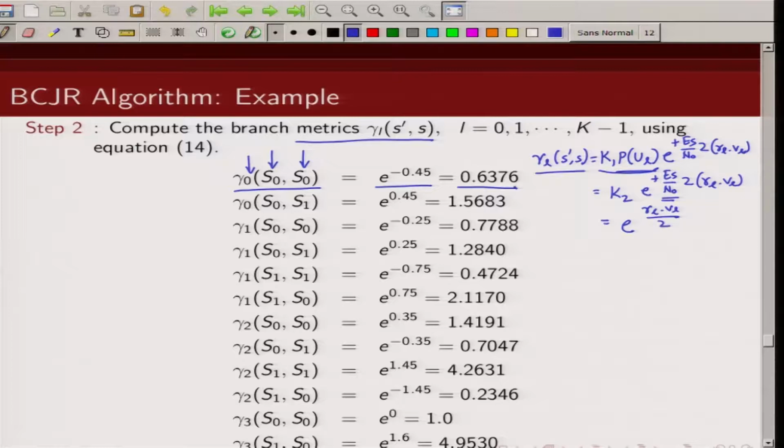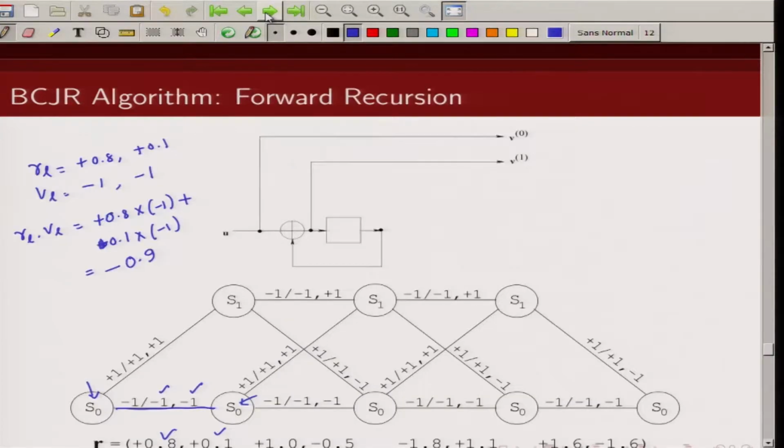Now, you can take any other example. Let us just take this example, gamma 1 S1 S0. Now, what is this? Gamma 1 is time instance t equal to 1. So, we are talking about this, and initial state is S1, final state is S0. So, we are talking about this transition. Now, what is RL corresponding to this transition? It is plus 1 and minus 0.5. And what is VL corresponding to this transition?